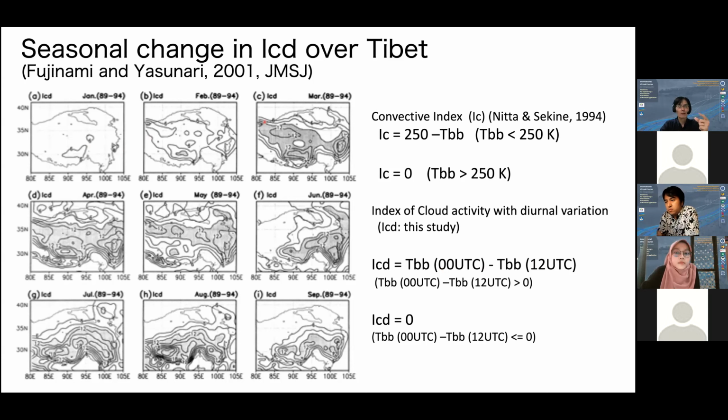But after the monsoon's onset, which occurs in March, April, May, June, the amplitude of the IC with the diurnal variabilities also increases. So with such a simple analysis, we can capture cloud activities like this.